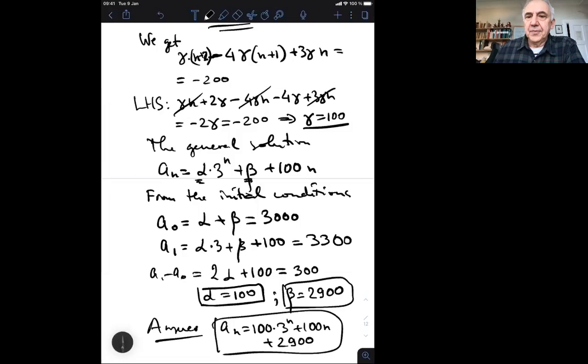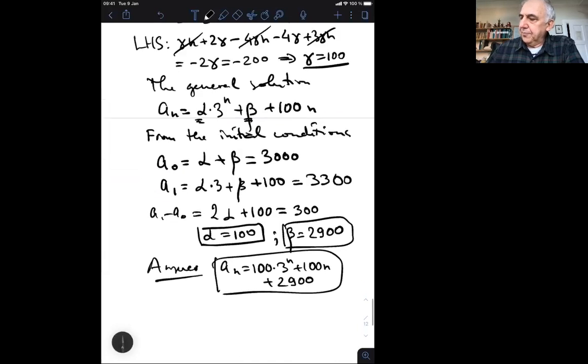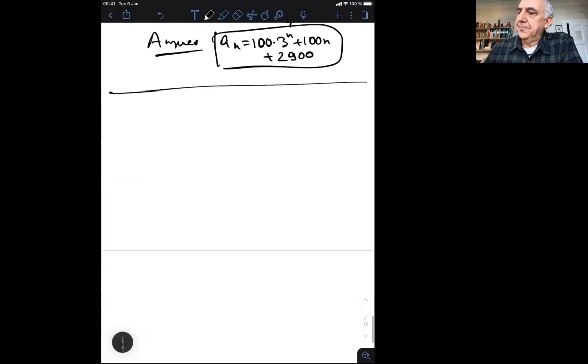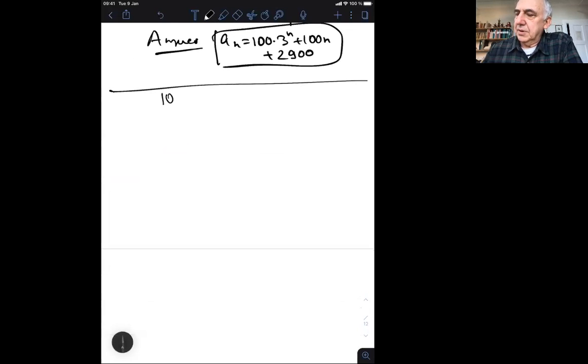This sometimes is quite useful and gives nice answers quite easily. Good. So section 10.4, the method of generating functions.